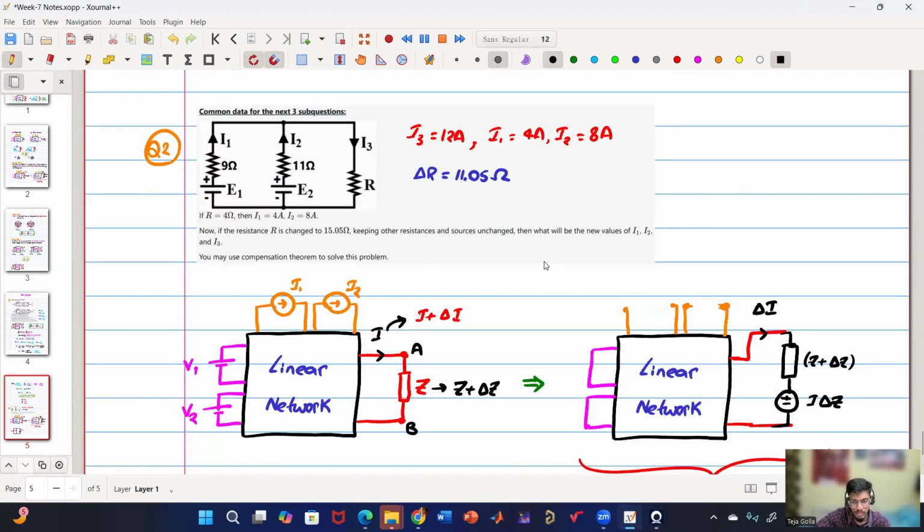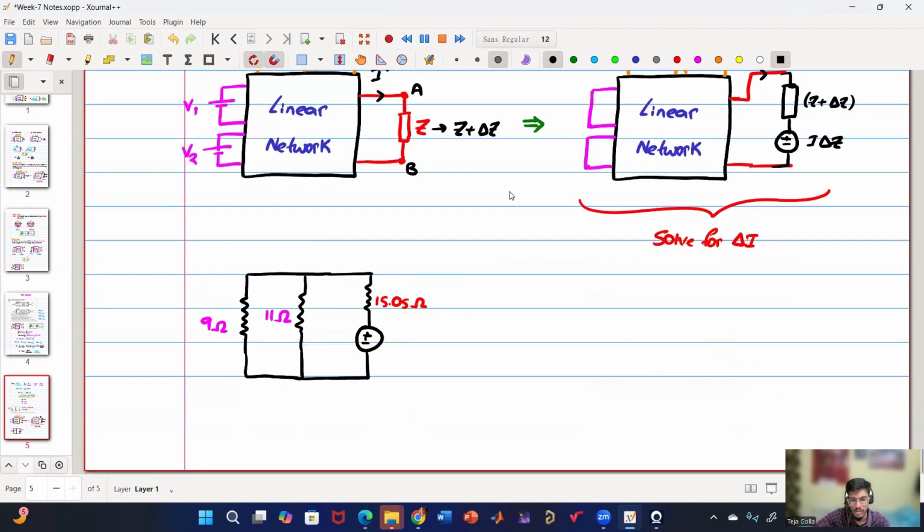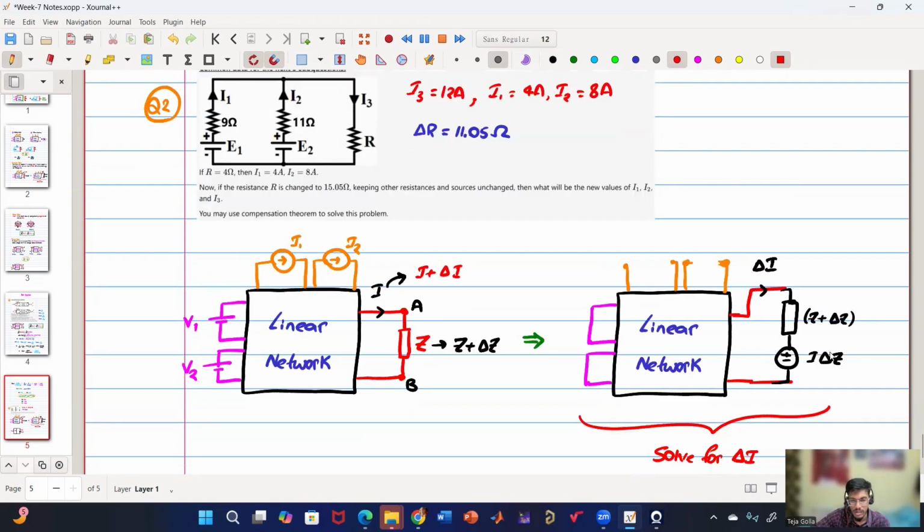So I asked you that's why those questions. You have multiplied with 15.05, right? Not 11.05. So 132.6 you will get, right? 12 into 11.05, okay?